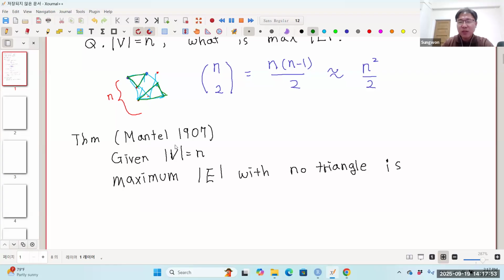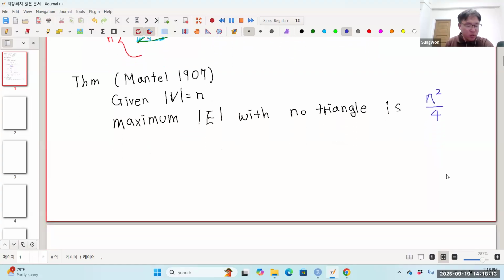But Mantel actually showed that the maximum number of edges with no triangle is not n squared over 2, but n squared over 4. This can be proved by induction very easily. So here's a proof.